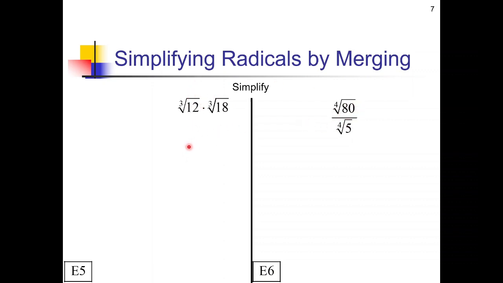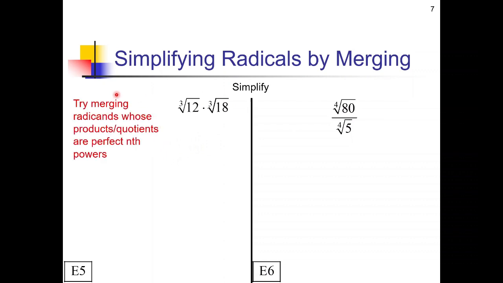In situations like this, it's always worth it to try merging the radicands together to see if their products or quotients end up being perfect nth powers. So for example, 12 and 18, if I multiply that, is that a perfect cube? 80 divided by 5, is that a perfect fourth power? I'll let you decide. Pause the video and give this first one a shot.